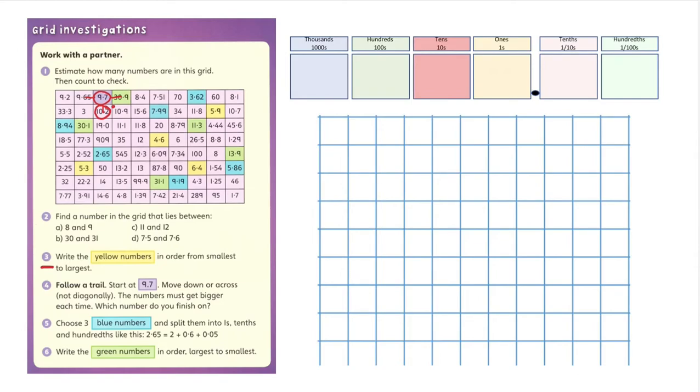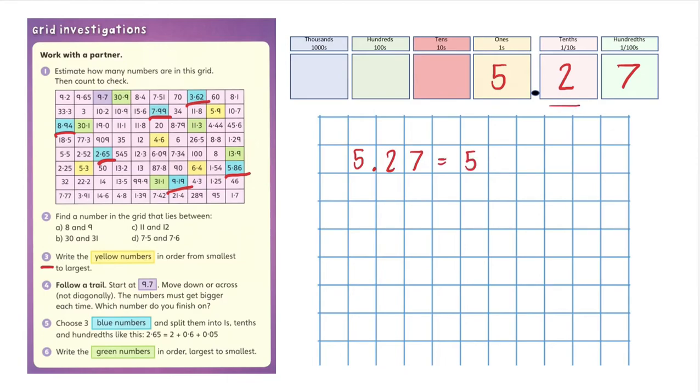Next one is choose 3 of these blue numbers. There's 1, 2, 3, 4, 5, 6 of them, and then split them into ones, tenths and hundredths. So let's do something as an example that isn't one of those. If I had 5.27, that equals 5.